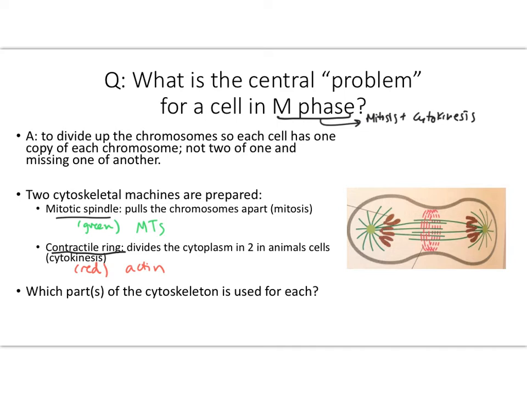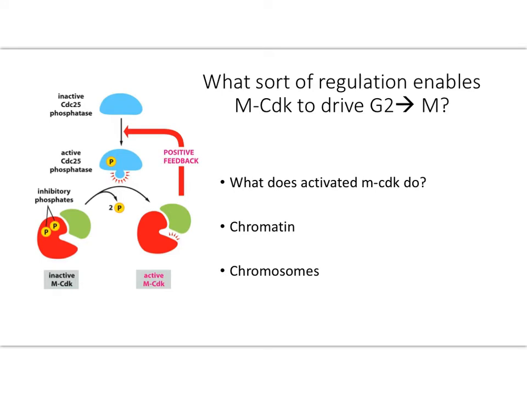Basically, anything that happens in the cell with molecular processes is driven by some other sorts of proteins and/or enzymes. This is figure 18-17, and we're trying to understand through this image what sort of regulation enables M-Cdk, the mitotic CDK, to drive G2 to M. We've already heard some about this story, which includes CDC25, a phosphatase that activates M-Cdk by removing inhibitory phosphates.